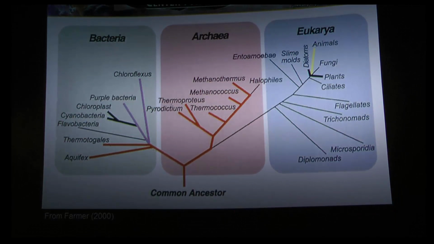Okay, now why might we think these impact-generated hydrothermal systems have anything to do with the origin of life? And this is where I turn to my colleagues in the biological community who have looked at the tree of life. They tell me that when they look at the ribosomal RNA characteristics of these organisms, they had a common ancestor or a community of ancestors that thrived in thermophilic or hyperthermophilic systems, that is, hydrothermal systems.